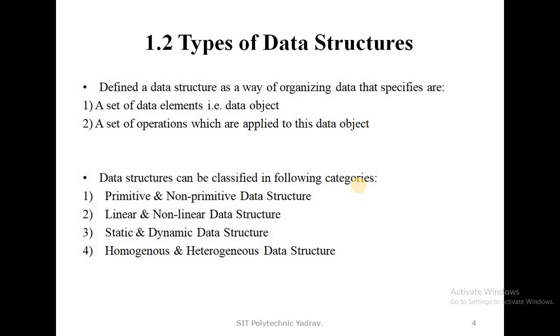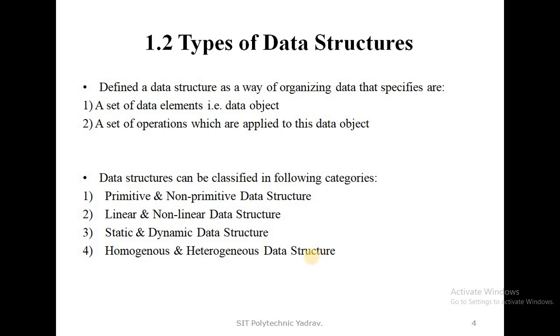Means things having particular characteristics through which the data structures are classified. They are first, primitive and non-primitive data structure, second, linear and non-linear data structure, third, static and dynamic data structure, and fourth, last, homogeneous and heterogeneous data structure.